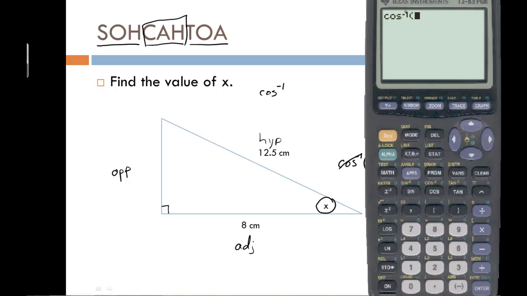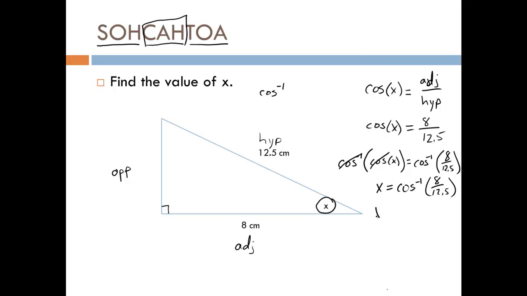So the inverse cosine of 8 divided by 12.5 is 50.208, or if we rounded it to 2 decimals, it would be 50.21. So the measure of this reference angle x is 50.21 degrees.